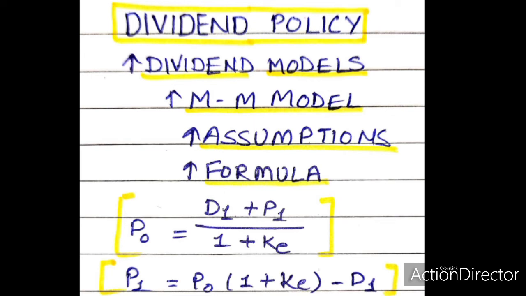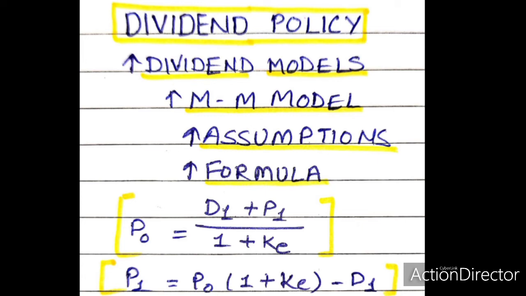Criticism. The MM approach has been criticized on many grounds, particularly the invalidity of its assumptions. For example, number 1, no perfect market. In the real world, there are many imperfections in the capital market. Perfect market does not exist. Number 2, taxes with different rates.